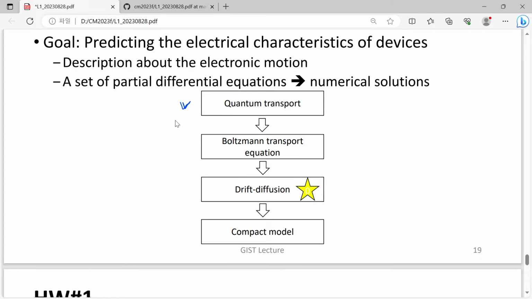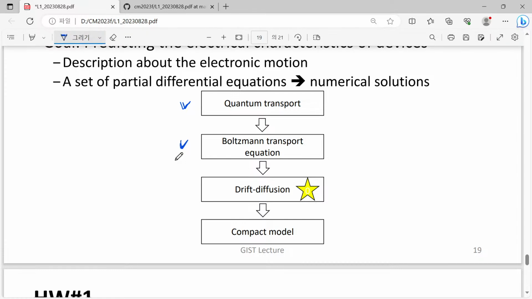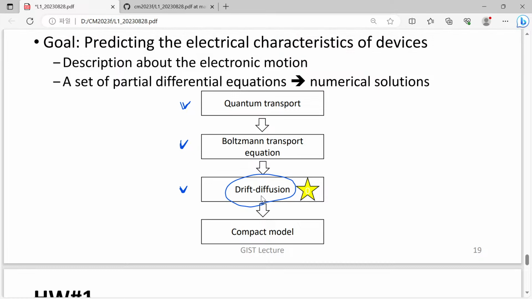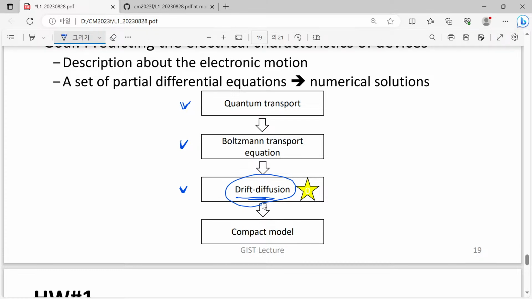However, it requires the heaviest computational burden. With the Boltzmann transport equation we can reduce the computational burden a little bit. However, this is far more complicated than the most efficient one, called drift diffusion. So in reality, when you say TCAD device simulation, this almost exclusively represents the drift diffusion model. In this semester, we will concentrate on this drift diffusion model.